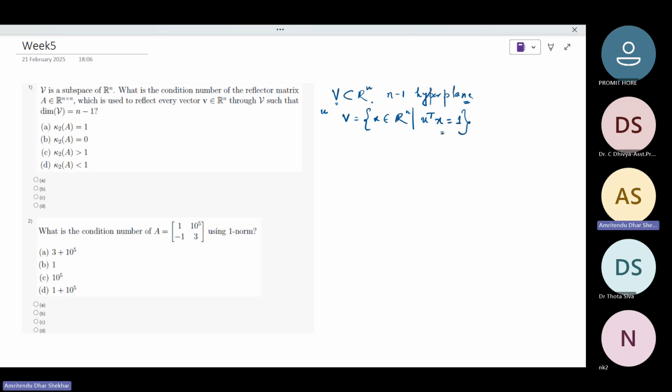We can take u to be the unit normal, so the norm of u is equal to 1.